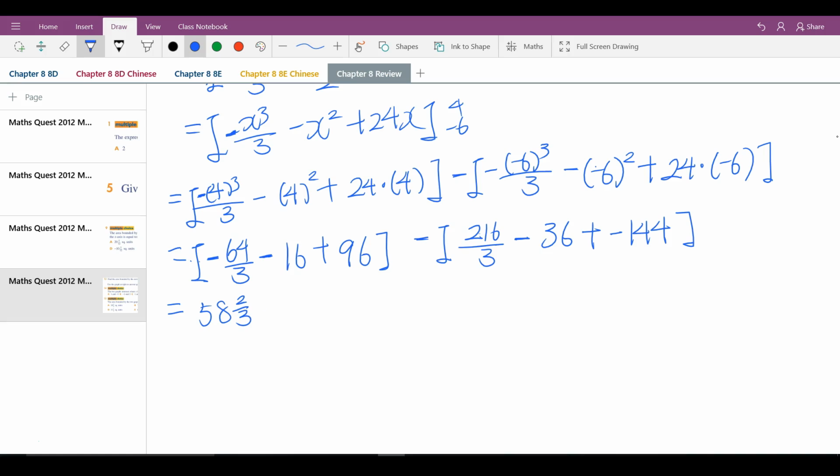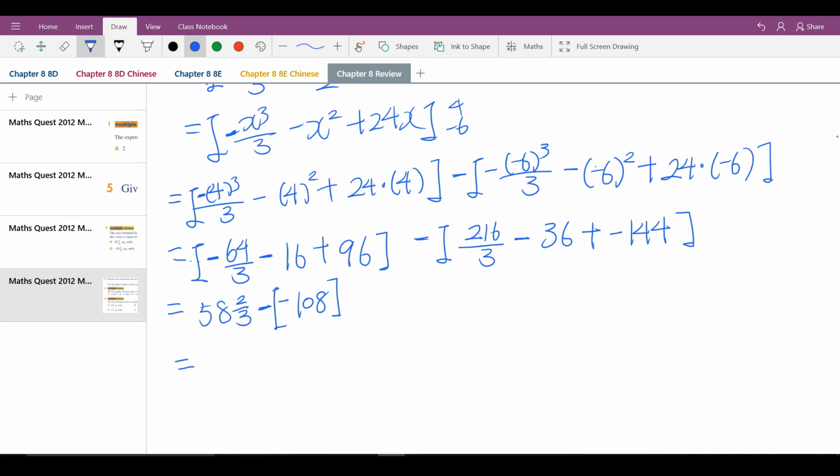And then 216 over 3 minus 36 plus negative 144 gives us negative 108. So minus negative 108, because there's a bracket there and a negative sign, so that means plus.